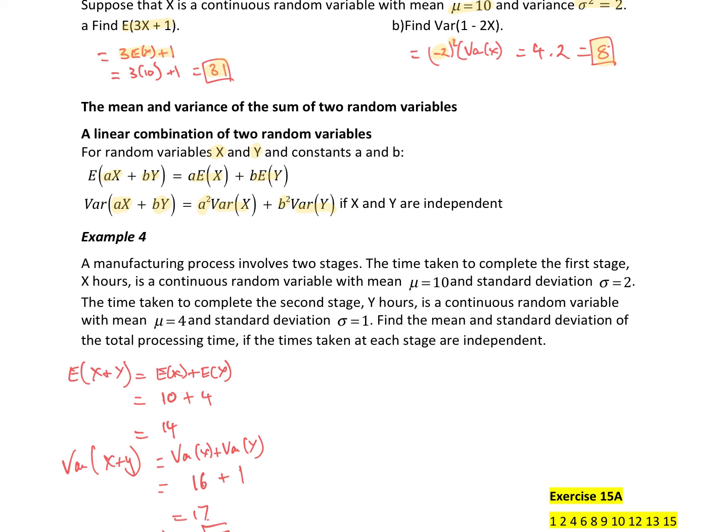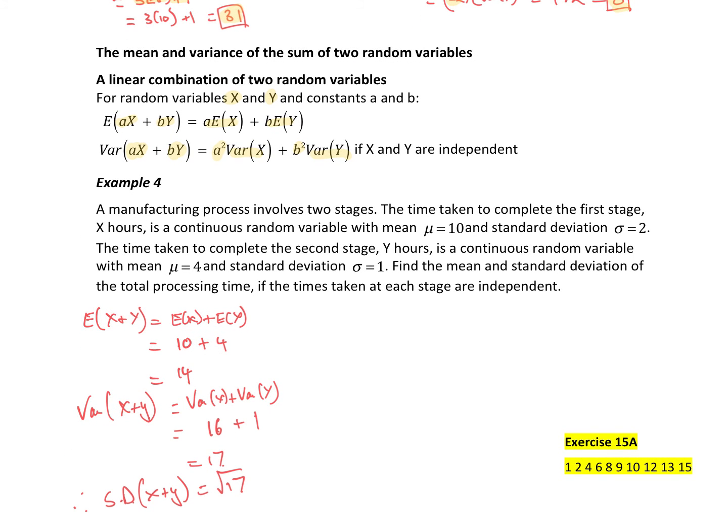That comes into play in examples like this, where we have a manufacturing process in two stages. The first stage takes x hours. It's a continuous random variable with mean mu equal to 10 and standard deviation sigma equal to 2. The second stage, distributed in terms of y hours, has a mean of 4 and a standard deviation of 1.